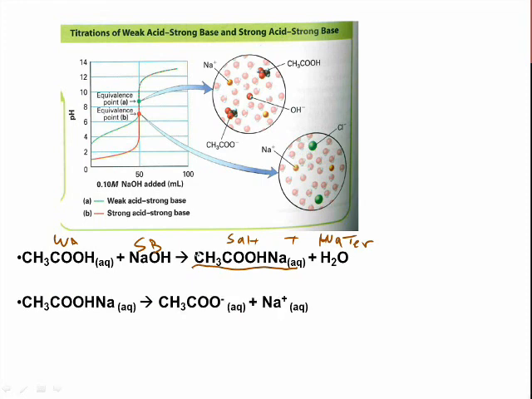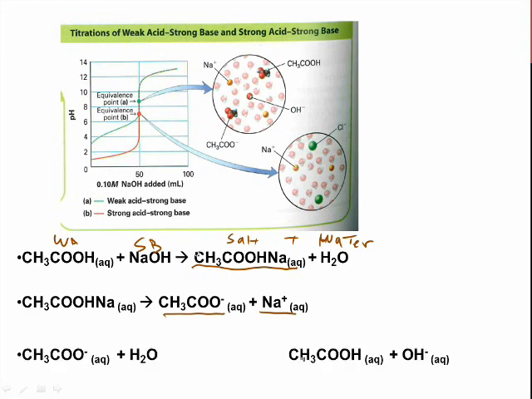The sodium ethanoate will break down into the ethanoate ion and sodium. The charged ethanoate ion will react with water. We have a negative charge there, so it reacts, heavily favored in the reactants, with the water, and we produce ethanoic acid and hydroxide ion.